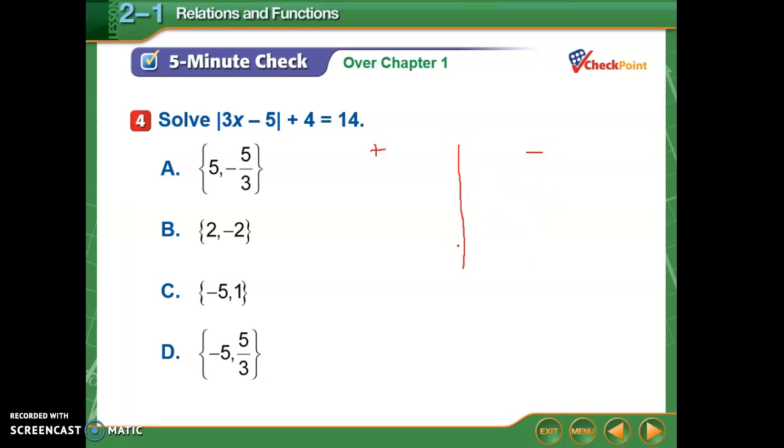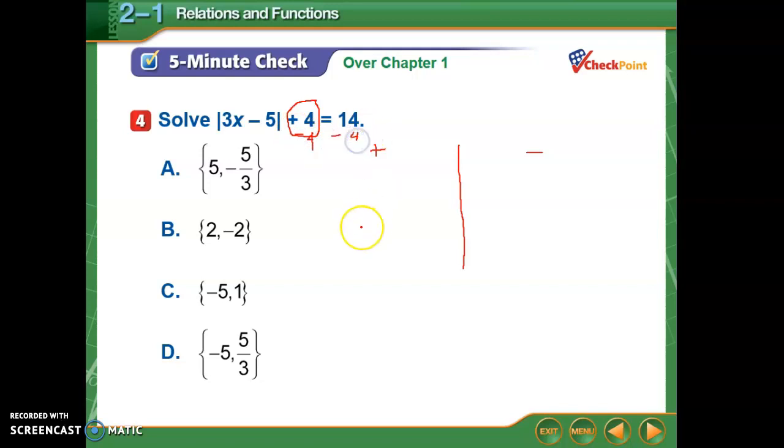Alright, so before you divide, make sure that the absolute value on one side of the equation is isolated, meaning there's no number after it and no number before the absolute value. So in this case, we have 4, so we need to move 4, so subtract 4 both sides.